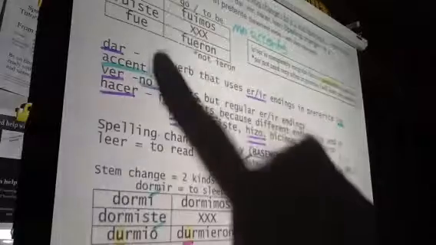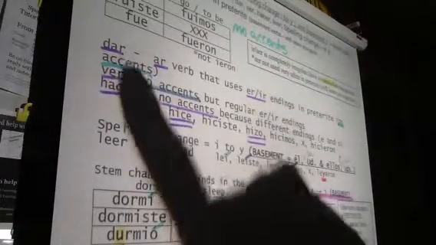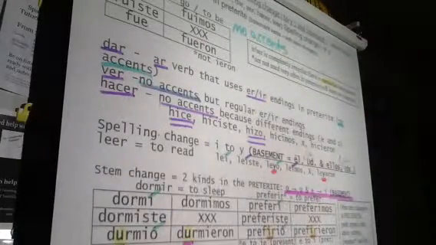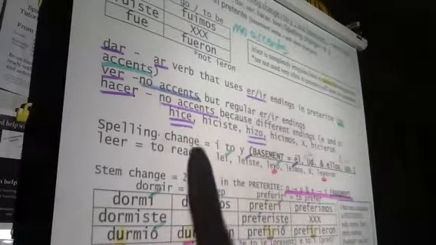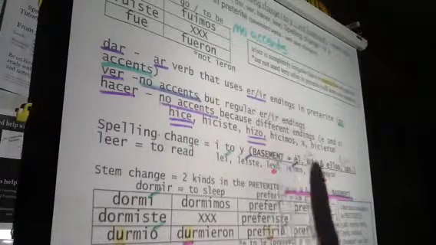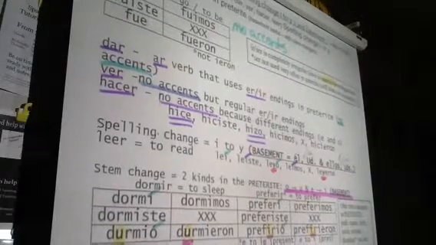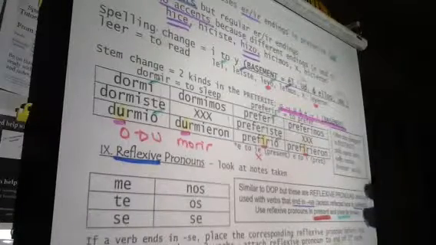Then the irregular preterite, fui, fuiste, fue, fuimos, fueron, then dar and ver all use ER, IR endings with no accents. Hacer is the weird hice, hiciste, hizo, hicimos, hicieron. Then for your basement, you've got O to U and E to I. Only the basement, only bottom two, only for verbs that end in IR.